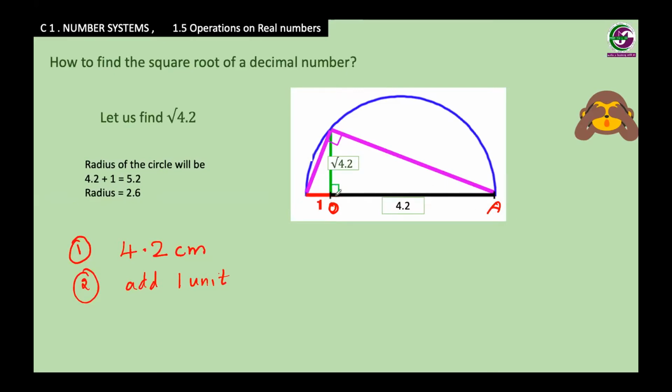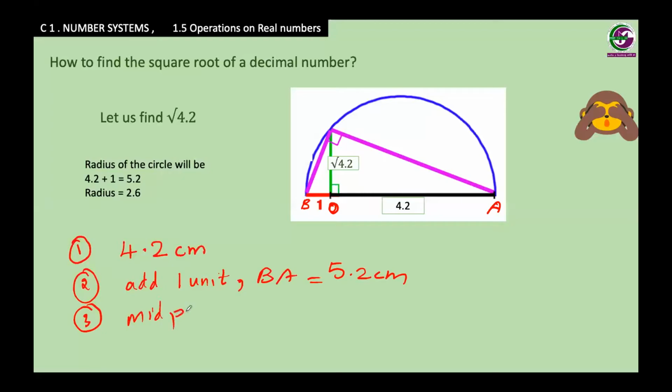And from O, I extended 1 unit, either to the left or right, you can add, no problem. So let this be B. So altogether, from B to A, it will be 4.2 plus 1, which is 5.2 centimeters.